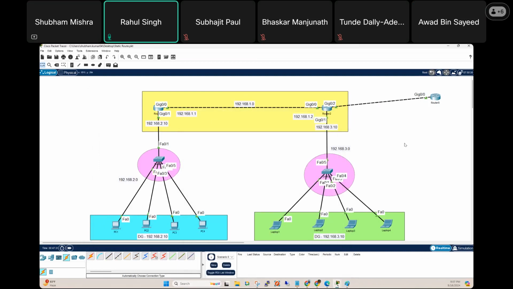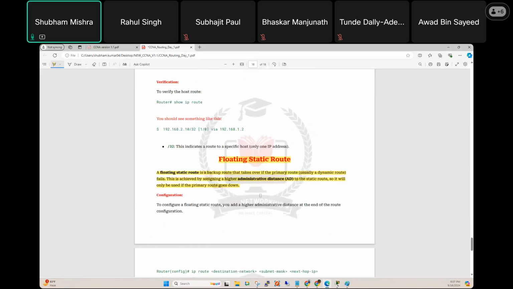But let's suppose anyhow the default route goes down. Anyhow, the default route goes down. Are you guys able to ping then? No, I'm not able to ping. So what is the solution? Solution is floating route.